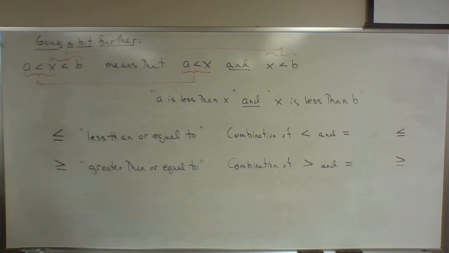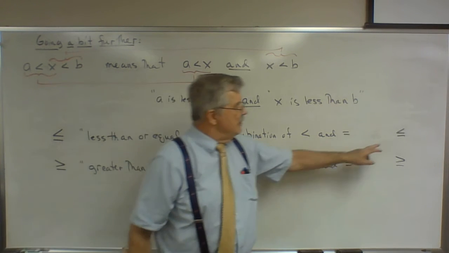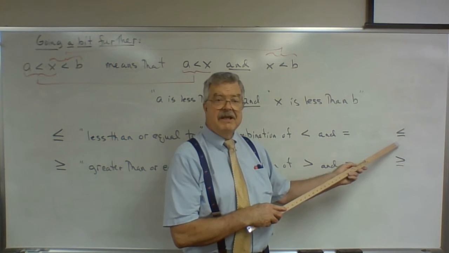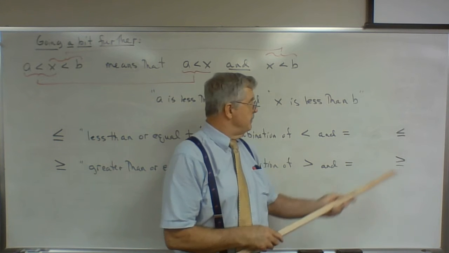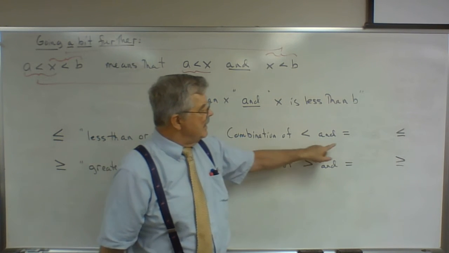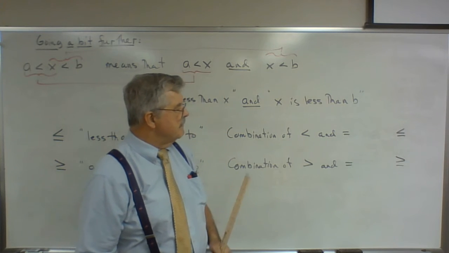Now let's look at a modification of the inequality sign. This thing means less than or equal to, and here's why. This sign, which we interpret as less than or equal to, is a combination of this thing, less than, and the equal sign.